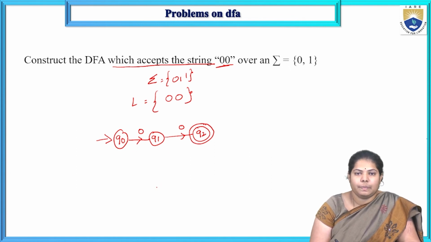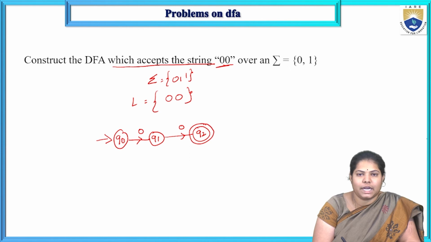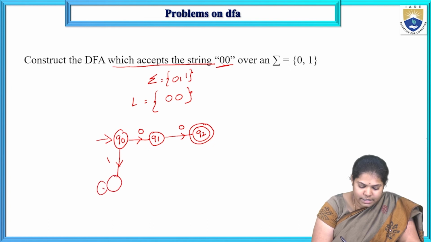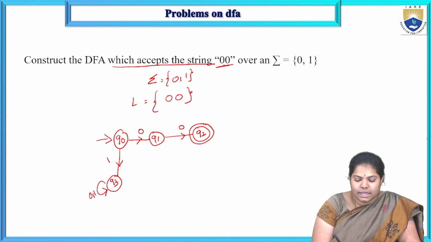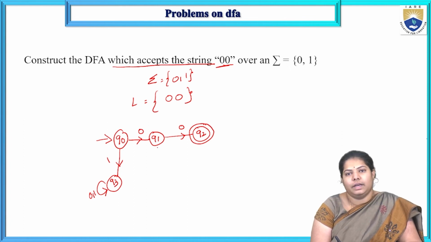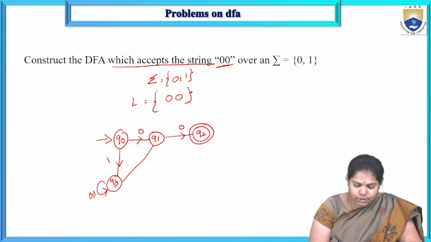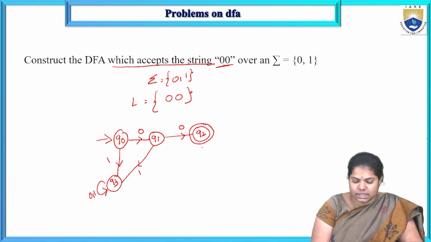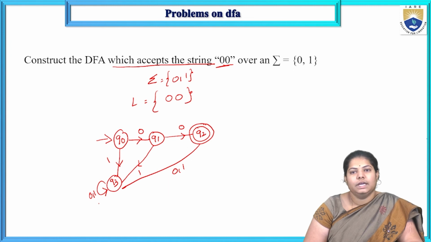length string. So in addition, Q naught should contain one more transition: if I see 1, I should go to the dead state. Likewise, at Q1 on 1, I should also go to the dead state. After the 0 0 string, if I see any symbol 0 or 1, I should go to the dead state.